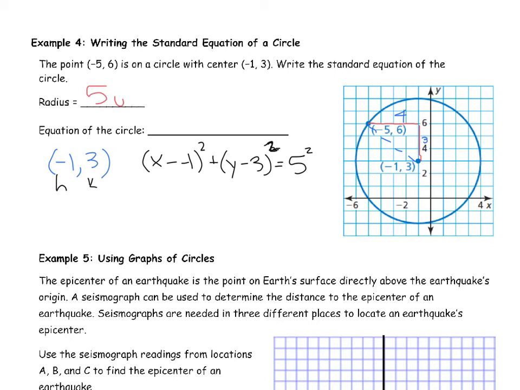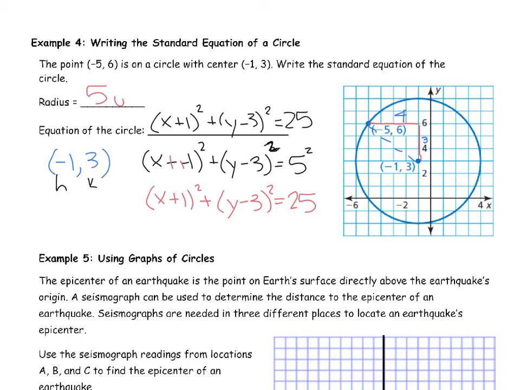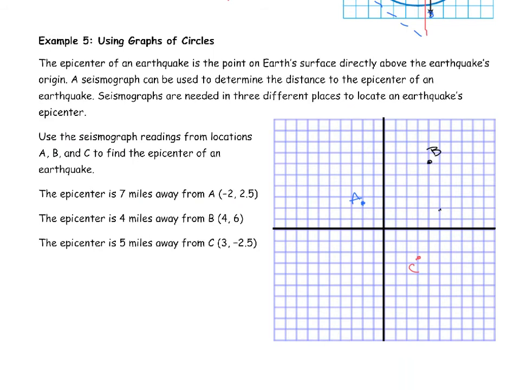And let's simplify this. So we see that we have a double negative there, so that becomes positive. So you get x plus 1 squared plus, can't simplify, y minus 3 squared equal to 5 squared is 25. So the equation of this circle is x plus 1 squared plus y minus 3 squared equals 25.